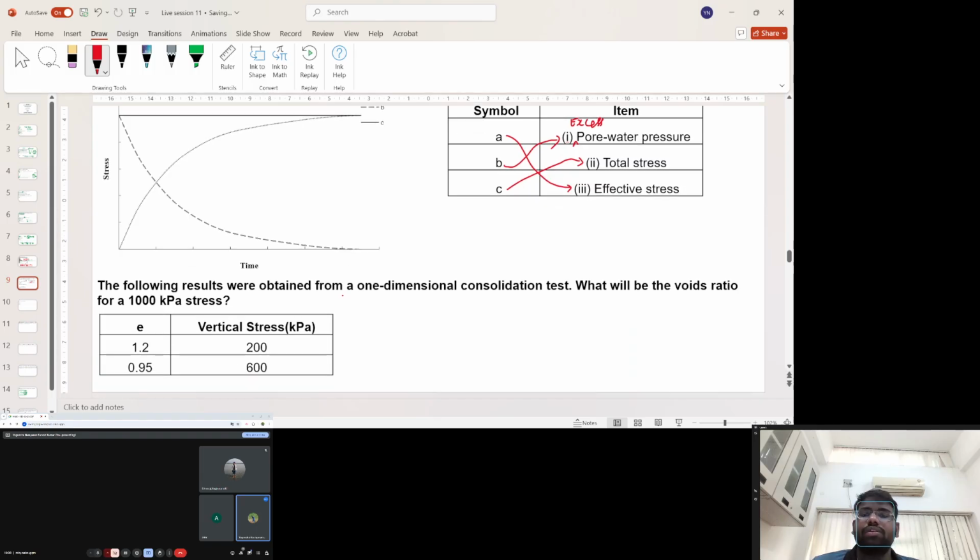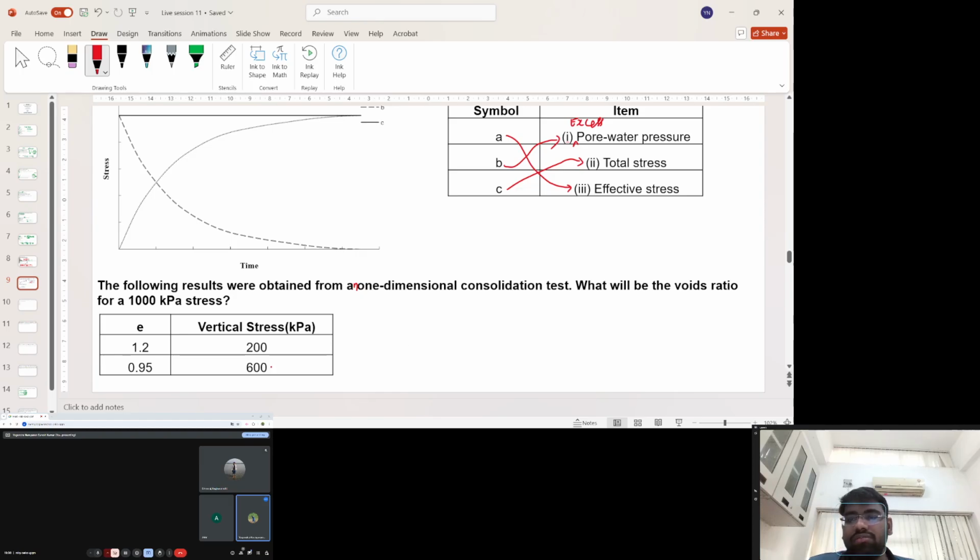Right. Yes, sir. Now coming to the next question, the following results were obtained from a one-dimensional consolidation test. What will be the void ratio for a 1000 kPa vertical stress?